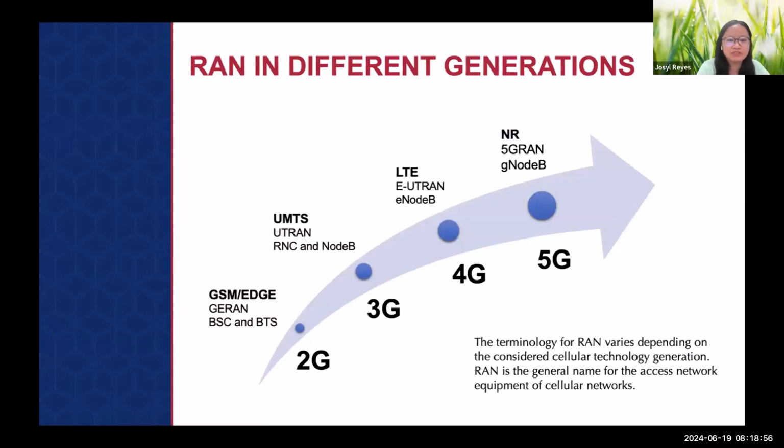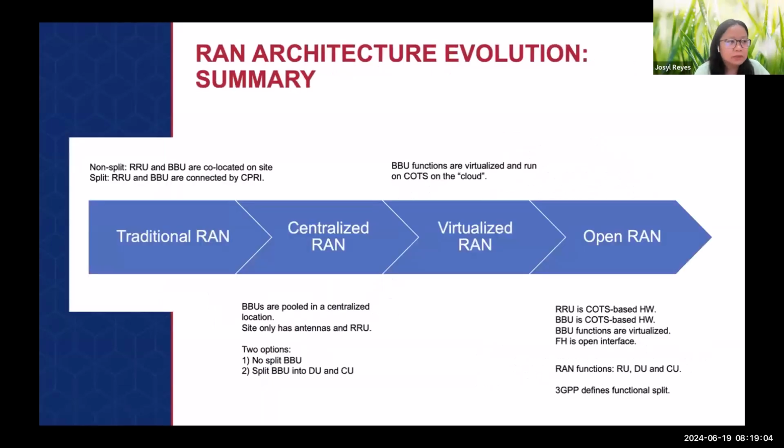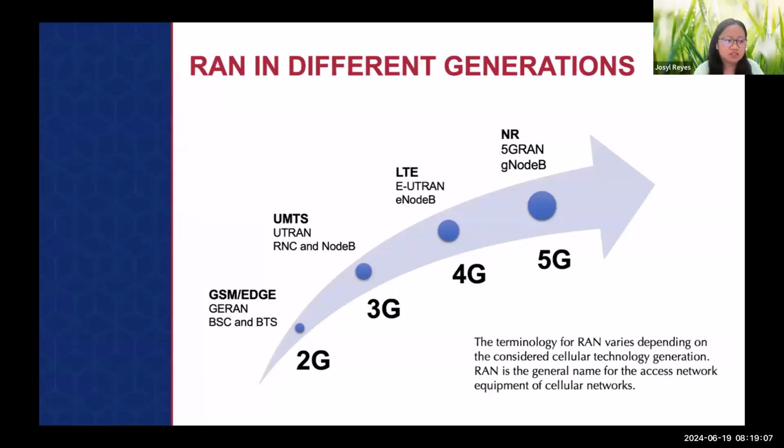That's why almost every 10 years, the telco needs to upgrade and deploy different sets of equipment, which caused the move to have open radio access network, wherein you don't need to rely on proprietary hardware to deploy your network, but rather just open hardware. And then the market now is dictating the design for the different software components. So you can see here, 2G, we have GSM EDGE.